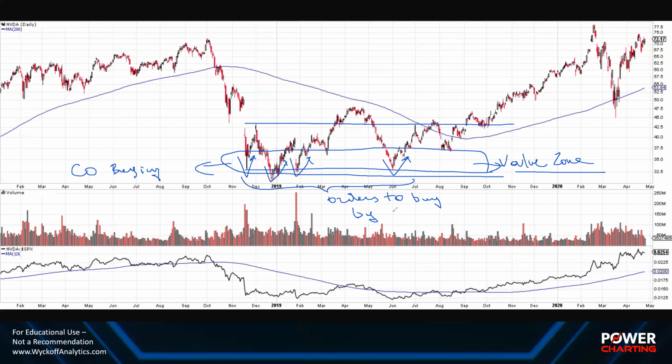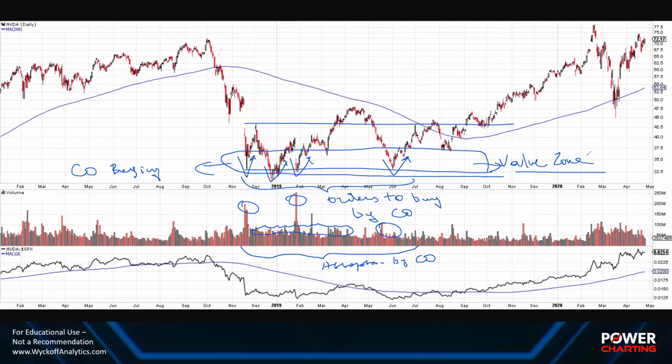So as prices are falling, you can see volume is high, and that is the weak holders giving up stock, giving up their ownership, and the institutions absorbing that. And they're going to absorb it in such a way that they will not create demand that's going to drive the stock price up on themselves. They will never work against their best interests, which is to buy at value bargain basement prices.